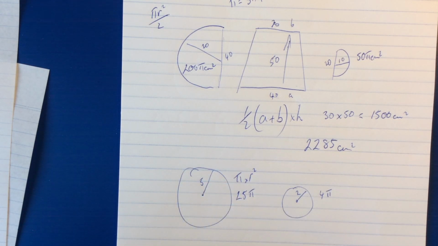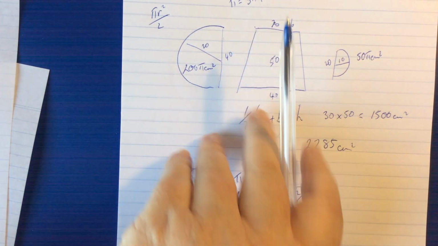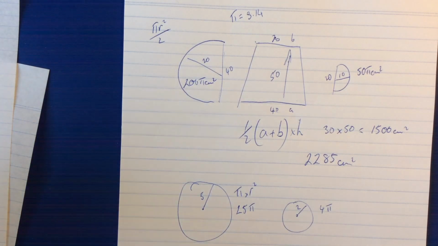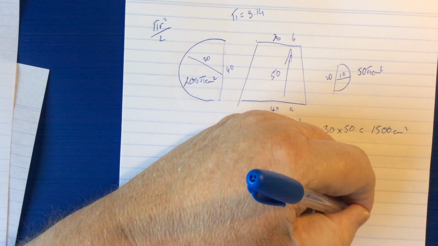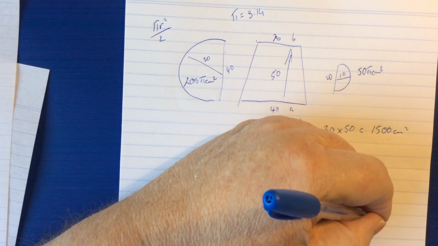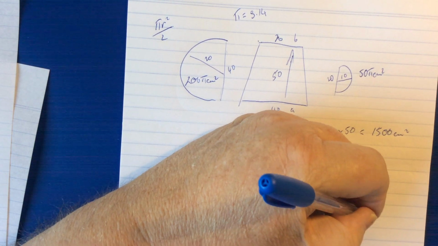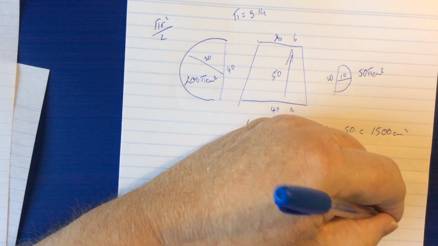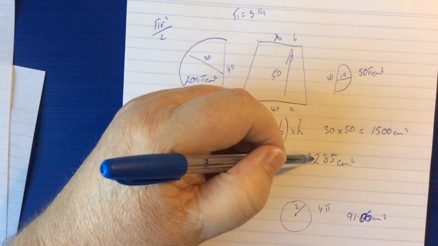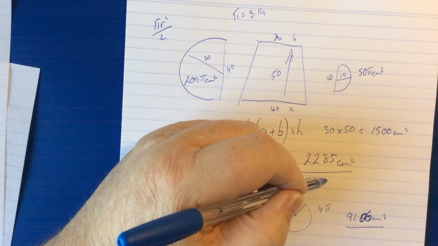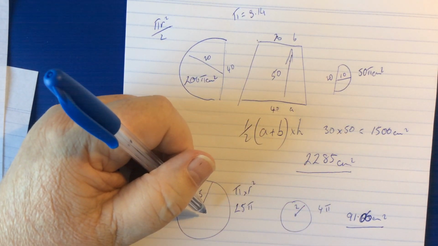Now 29 times pi, remembering we are using 3.14 as our value of pi, is 91.06 centimeters squared. It's not 60, it's 06. So we have the basic shape, and we have the shapes from which we are going to subtract.